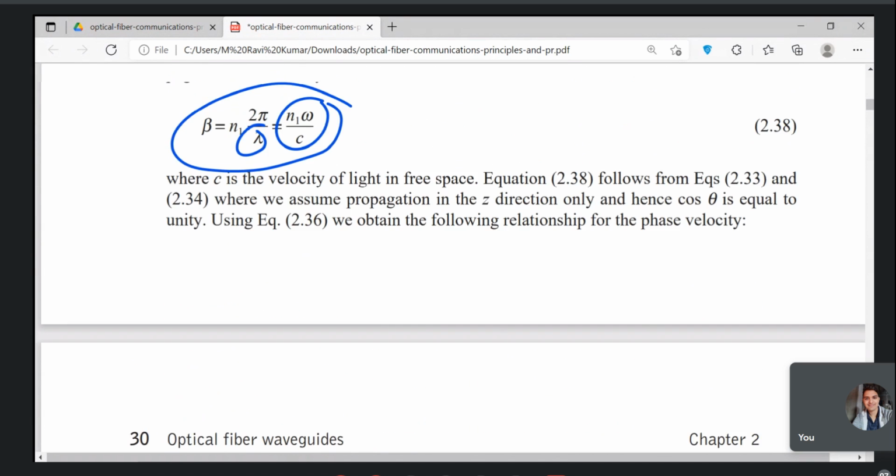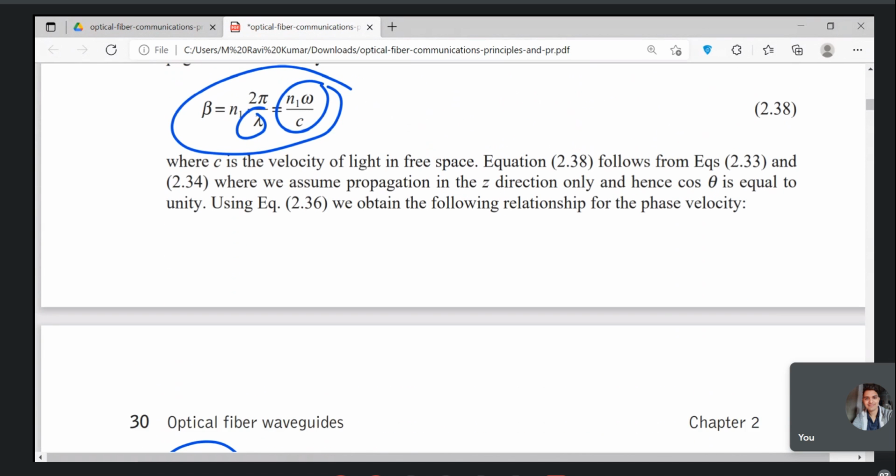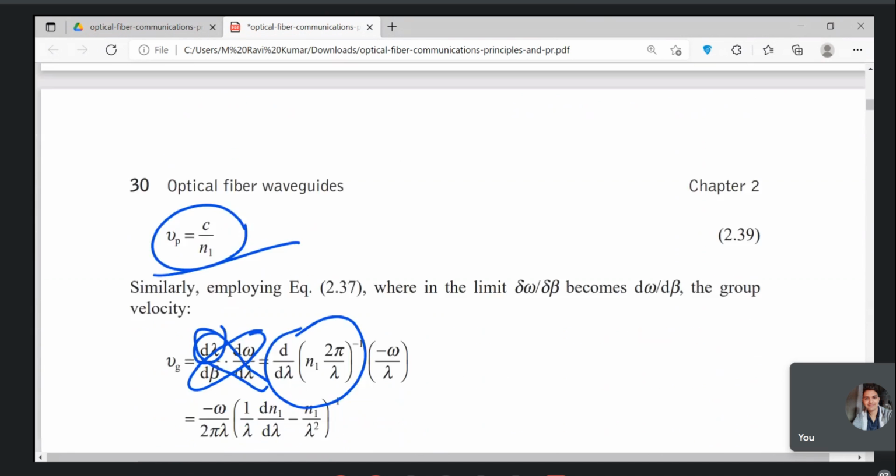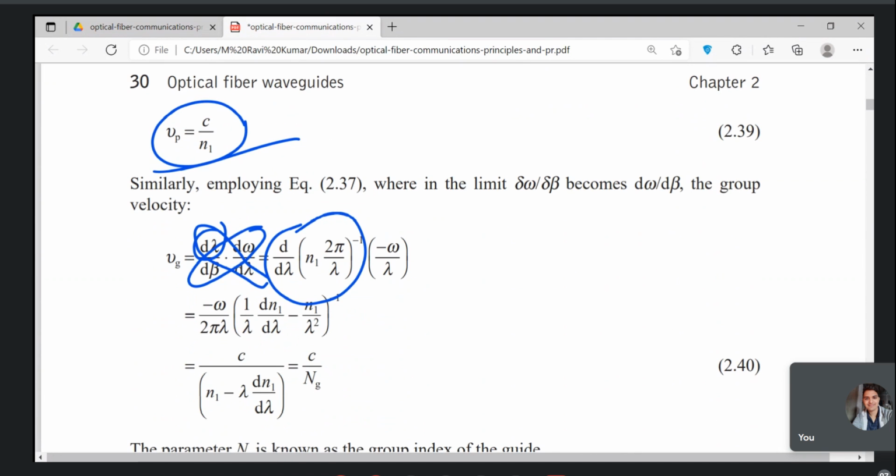I think you should take up a pen and paper, and you'll be able to find out what is the actual relationship. So this is what is the final group velocity, and this is what is known as the group index, the group index of the waveguide.